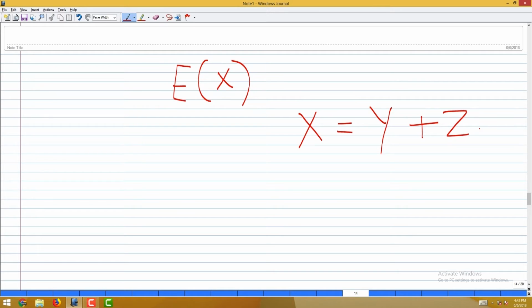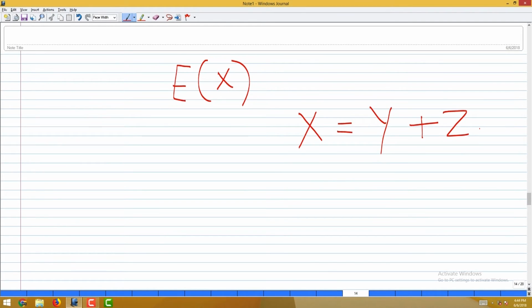Suppose x is a random variable, and x can be written as y plus z, where y and z are two other random variables. For example, randomly choose a set of students, and x is the number of students chosen, which is a random variable.